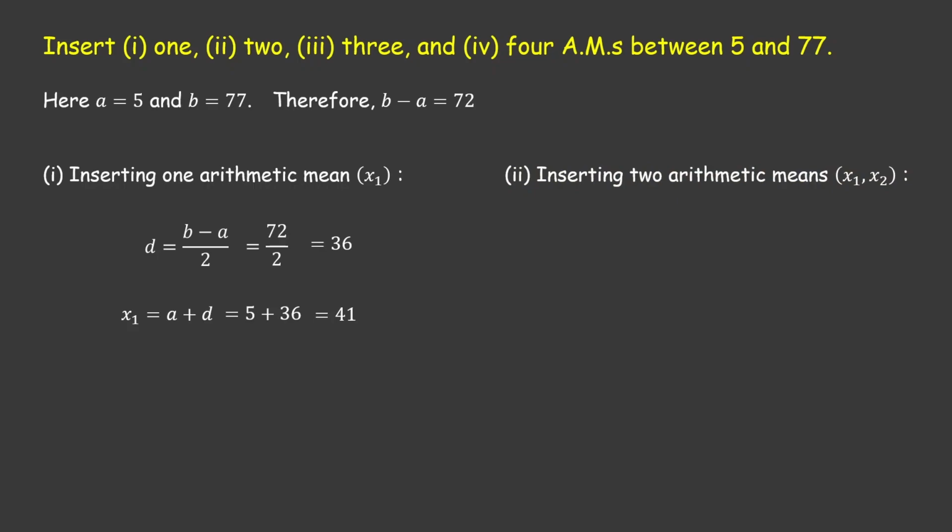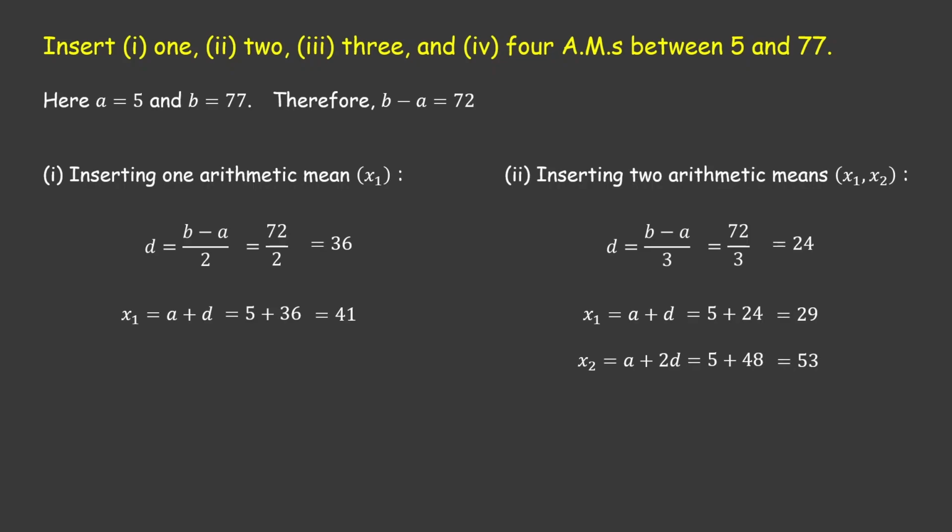Now let us insert two arithmetic means. Here, the line segment will be divided into three parts. So the difference is (b - a)/3, 72/3, that's 24. Let's find x1. 5 plus 24 is 29. x2 is a plus twice d. 5 plus twice 24 is 48. 48 plus 5 is 53.